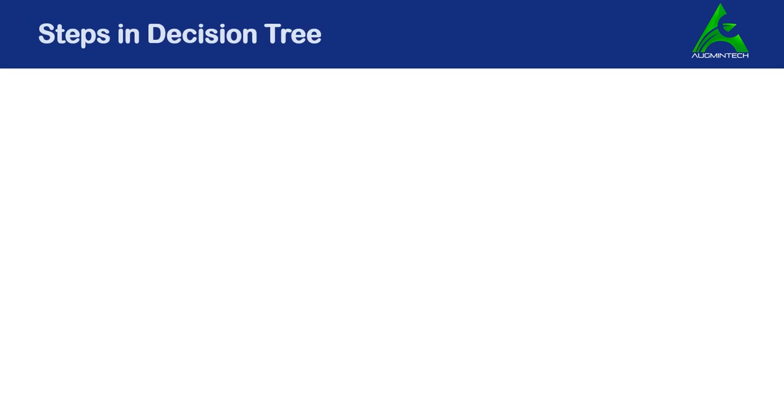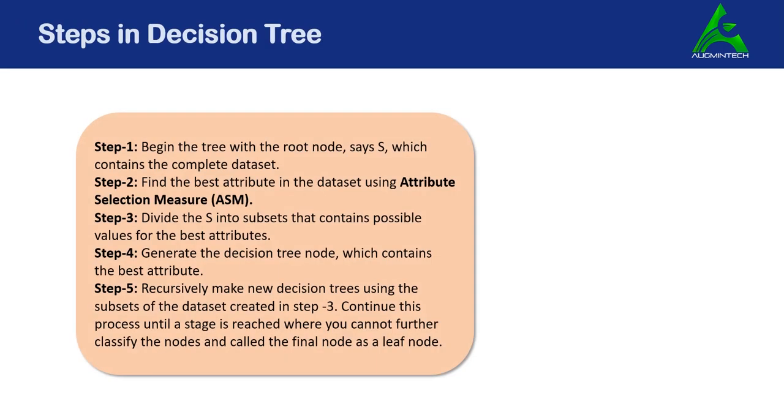Now let's understand the steps in decision tree. Step one is begin the tree with root node, say S, which contains the complete data set. Then in step two, we'll find the best attribute in the dataset using attribute selection measure, that is ASM. We will be looking at this in detail. Then we have step three, dividing the S into subsets that contain possible values for best attributes.